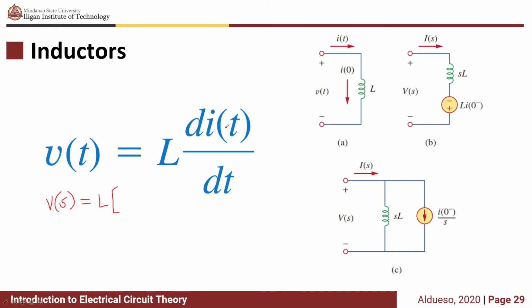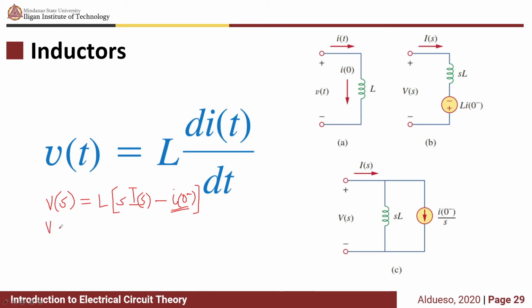The Laplace transform of the derivative is equivalent to s times I(s) minus the initial value of i. So this is what is meant when it is said that the initial value is included in the circuit. So this is the initial value.